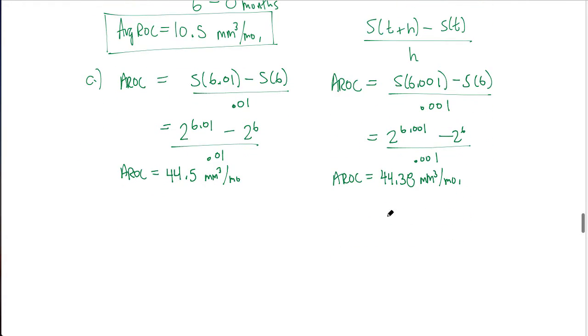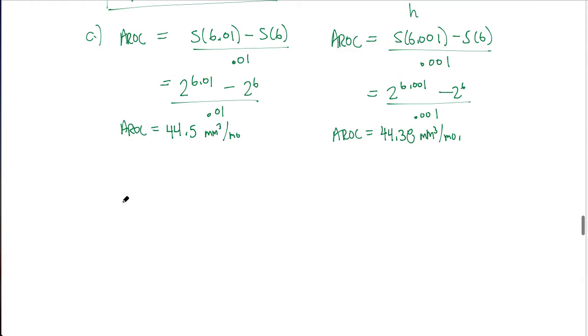It's not very apparent what this is getting close to, so I'm going to do a third interval that's even smaller. My average rate of change, one more time, we'll do S of 6.0001 minus S of 6 over 0.0001.